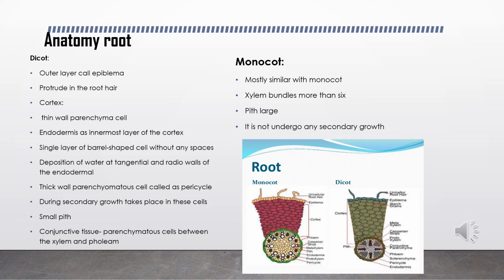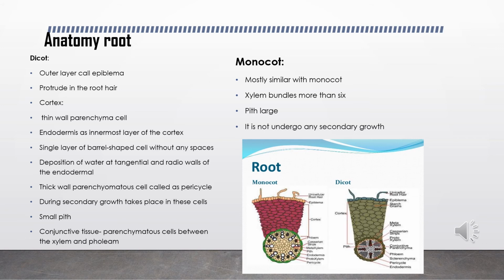Anatomy of roots, dicot and monocot. Anatomy of the dicot root: the outermost layer is the epiblema. Many of the cells of the epiblema protrude in the form of unicellular root hairs. The cortex consists of several layers of thin-walled parenchyma cells with intercellular space.